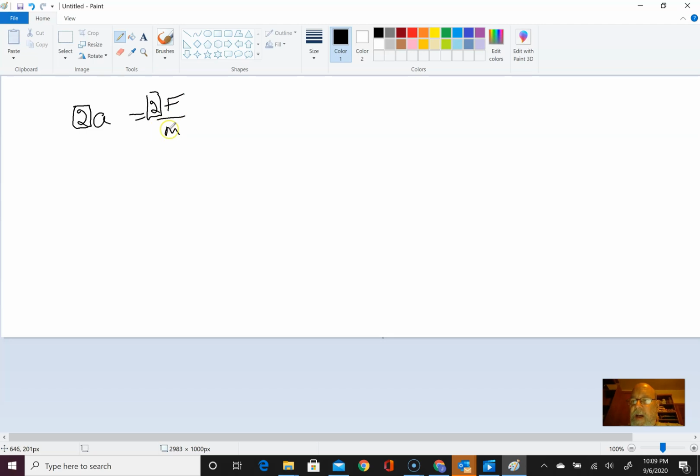However, if I multiply the mass by 5 times, I'm going to slow the acceleration by a factor of 5. I'm going to divide that by 5 times. So if I multiply the force times 2 and increase the mass by 5 times, I'll have an acceleration that is 2/5 of the original acceleration.